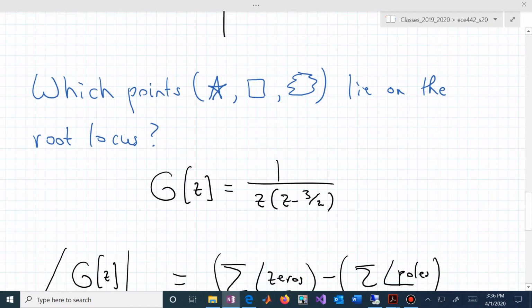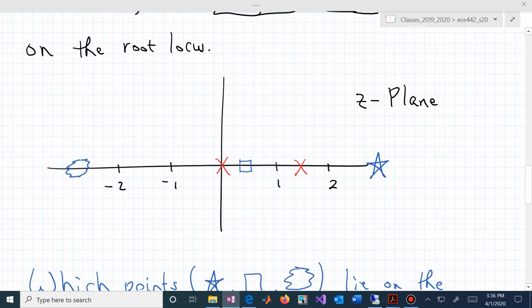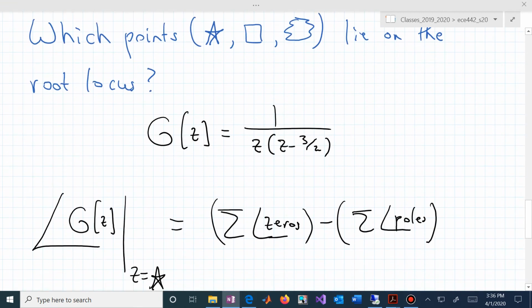What's the angle of g at star? So now we want to know, at this location, what's the angle contributed by each of these poles and zeros, if we had zeros there, that we would have to move through or look to get to star?